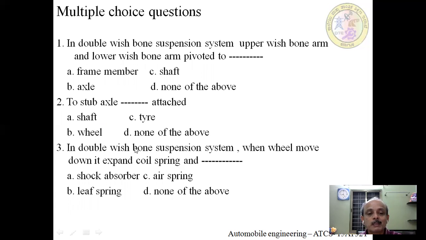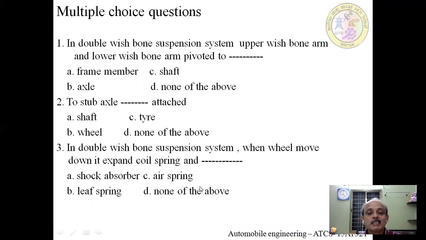Third question: in a double wishbone suspension system, when the wheel moves down, it expands the coil spring and what? The options are shock absorber, leaf spring, air spring, and none of the above.